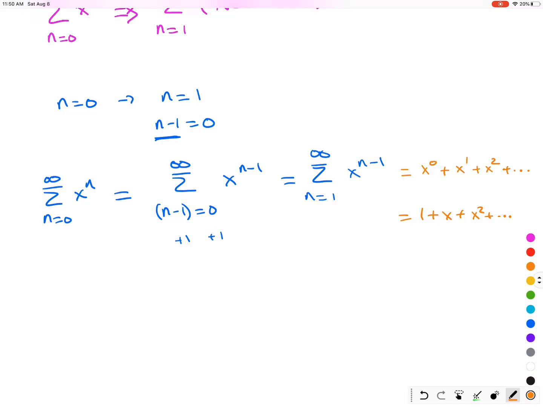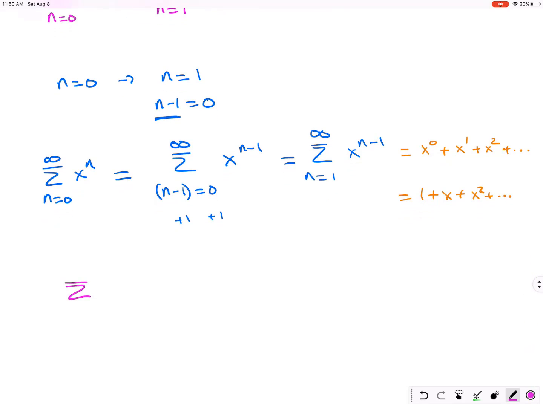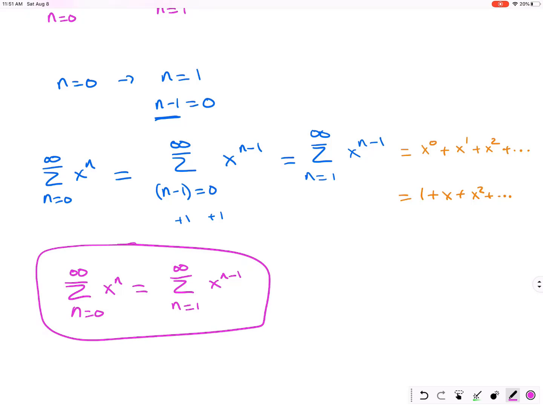And so, as it turns out then, I can write this with equality. The summation as n equals 0 to infinity of x to the n is exactly the same as the summation as n equals 1 to infinity of x to the n minus 1. And so in this case, I shifted the indice from n equals 0 to n equals 1.